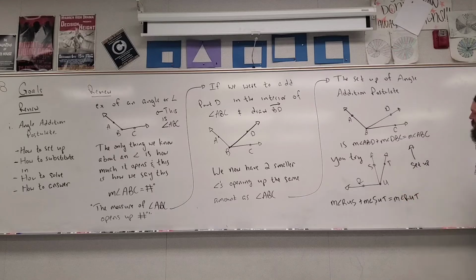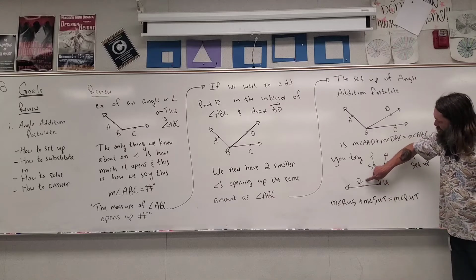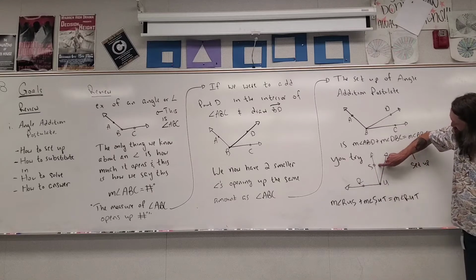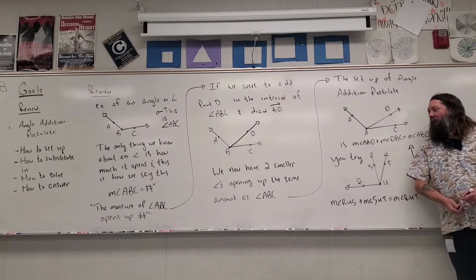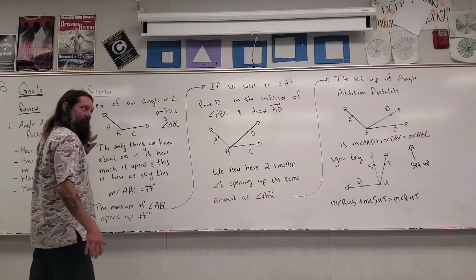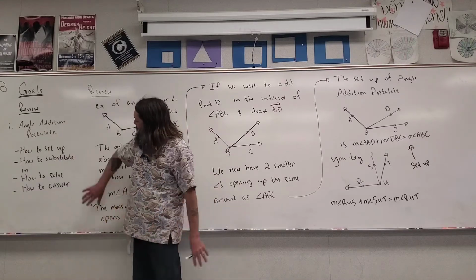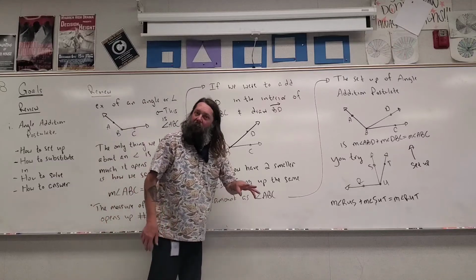So hopefully you got that the same as I did. If you would have said the measure of SUR plus the measure of TUS equals the measure of TUR, that's fine. Alright, so I'm going to go ahead and erase all this, come back and talk about how to do the entire process. So let me clean this up and I'll be back.